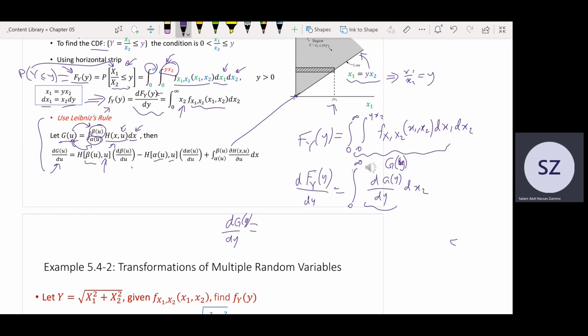So we take f(x1, x2) evaluated at the first limit, y x2, and 0, multiplied by the derivative of the first limit with respect to y, which is x2. Plus, sorry, minus.